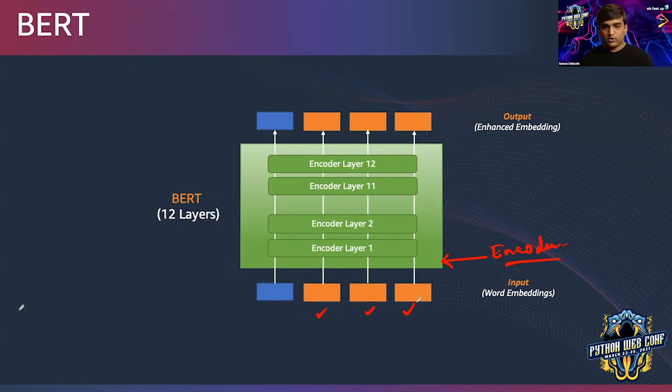Now you take all these words and you feed them into this network, and inside each encoder layer you have something called an attention layer and a feed forward neural network layer.